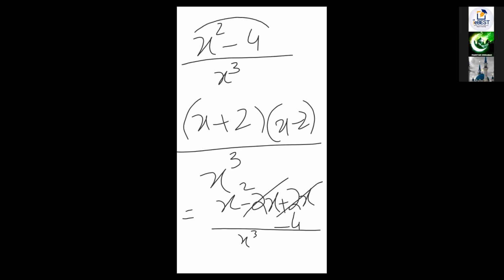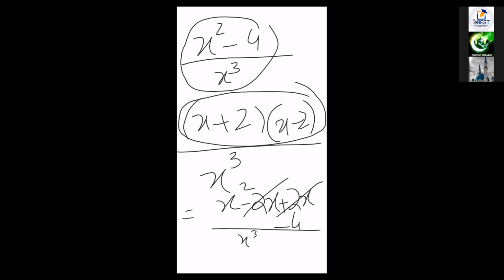If you see x squared minus 4, we exactly got this term, which is x plus 2 and x minus 2, which I have circled. So we have reached the answer, which is x squared minus 4 divided by x cubed. Okay? Yeah.